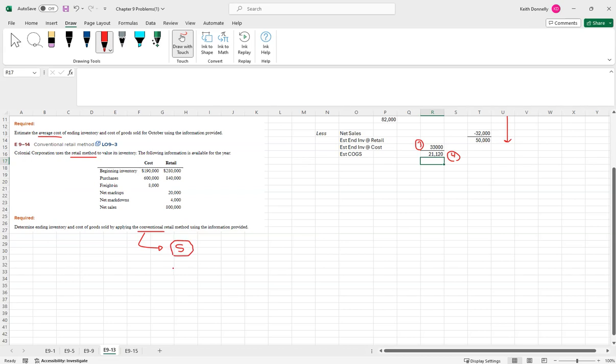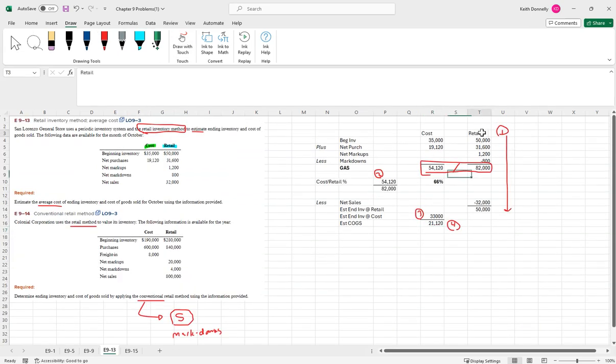In other words, we only include the markdowns after that stop sign. So we're going to have a subtotal, then deal with the markdowns, then another subtotal.